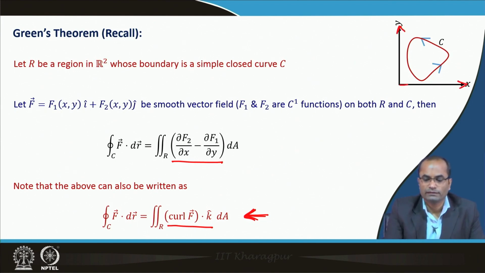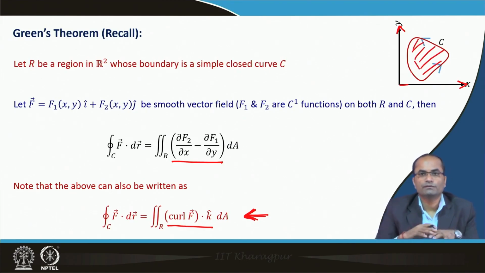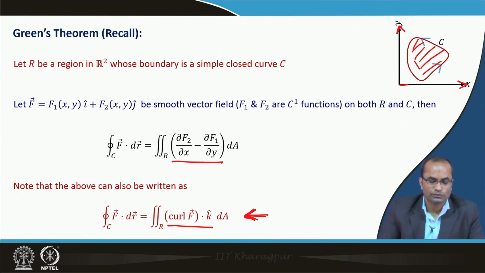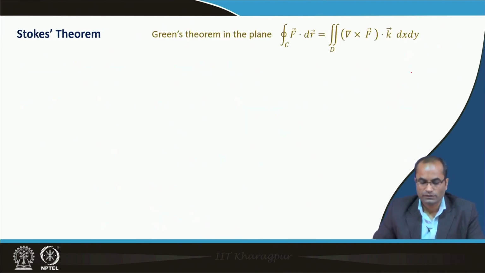So, we had the region in R2 and this curve was also in R2. If we generalize this to 3 dimensions, that means we have now x, y, z, and there is a curve which is given in 3 dimensions, and then the region bounded by this curve will be a surface.